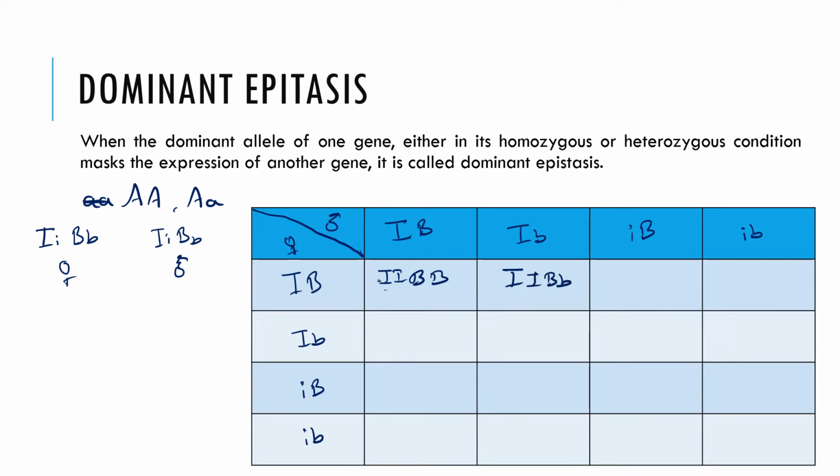Here, both the genes are homozygous dominant, and over here it will be heterozygous. If both of them are white dogs that are mated, then capital I, small I, capital B, small b.